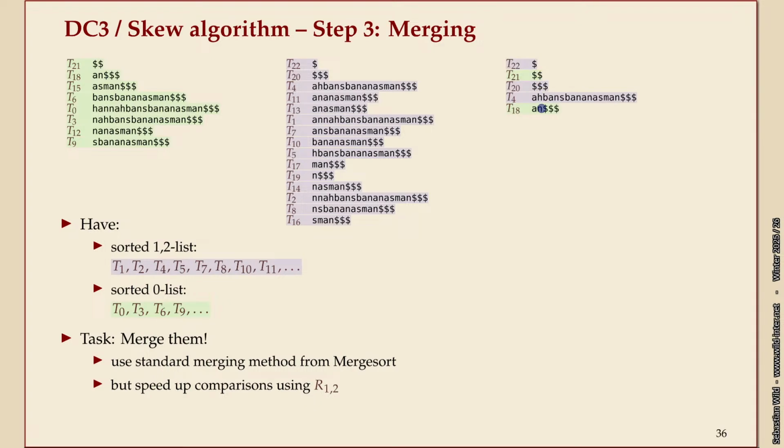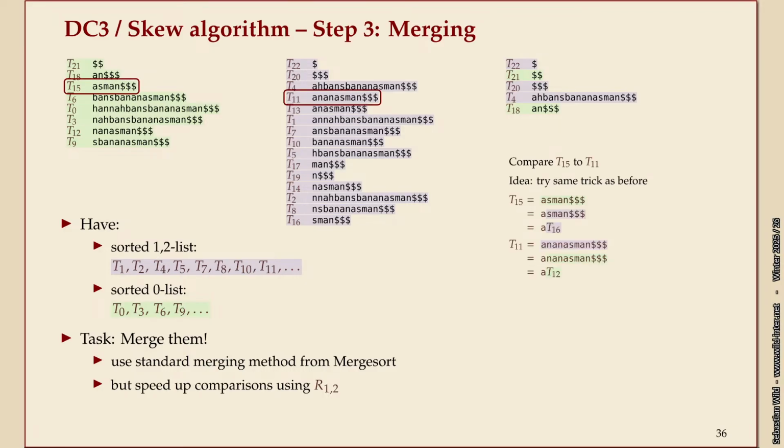Suppose we've already merged a few of these suffixes. Now that means we're sitting here and here, right? So the question now is T15 or T11 smaller? And of course you could look at it and just take the string, but let's pretend we're an algorithm and can't. So here are the two suffixes. We split off the first character and are left with some slightly shorter suffix in both cases. But if we do that here, we turn the green suffix, one from the ones with multiple of 3 index, into a blue one, and vice versa.